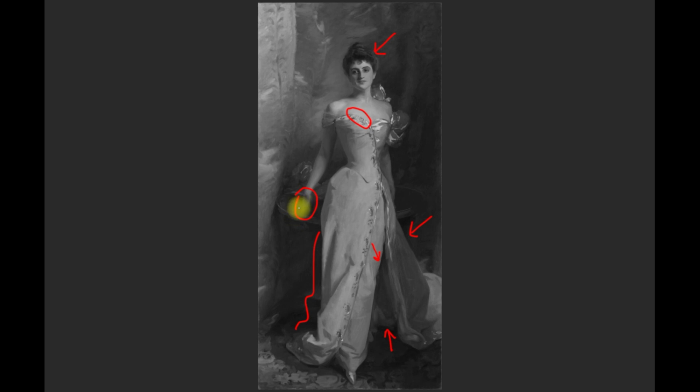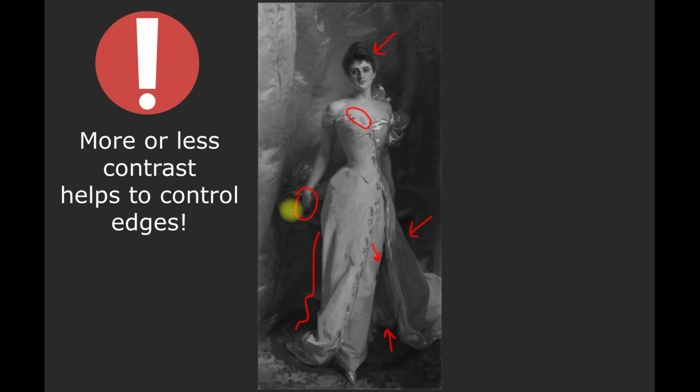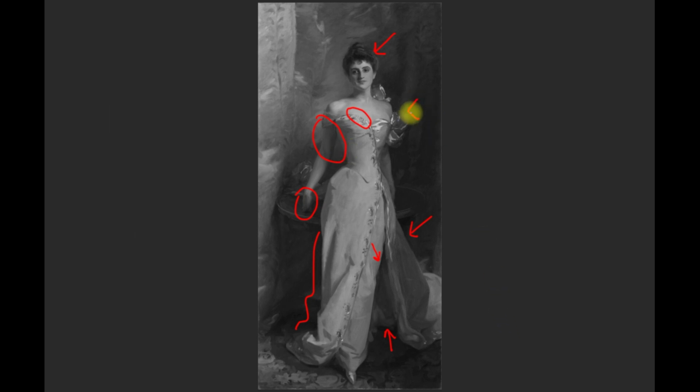It's not quite as dark as the table behind it, but it's pretty close, so it's getting lost in the shadow area there, as is her upper arm. This side of her dress is also getting lost in the shadow. And then there are areas along her face right here that stand out with more hard type edges.